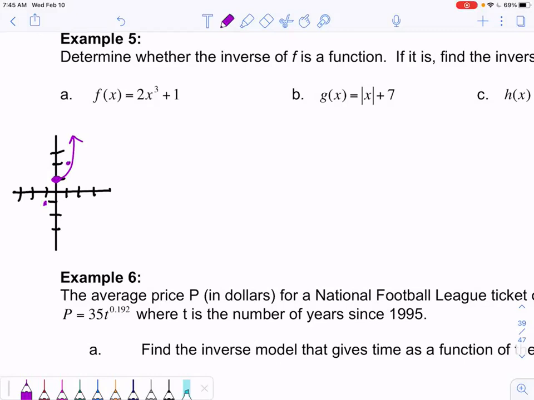There's a point here and here. I think you should have a point at 1, 3, because if I plug a 1 in, 1 cubed is 1 times 2 is 2 plus 1 makes 3. And then you have a point at -1, -3. Or not -3, -2. So it curves up and it curves down.